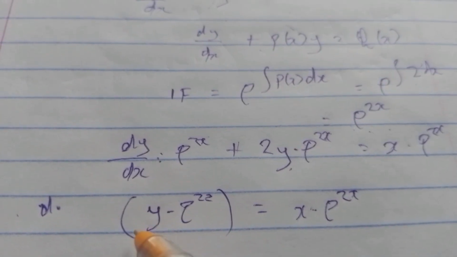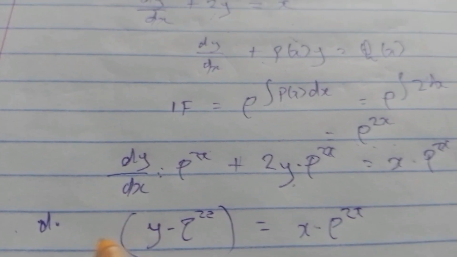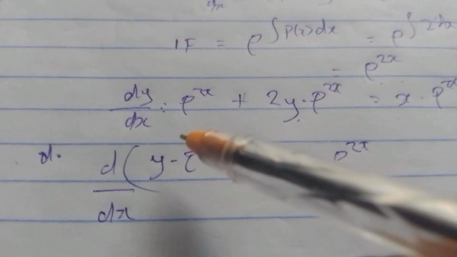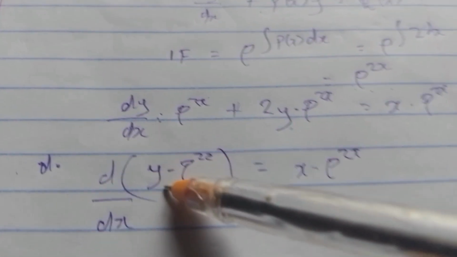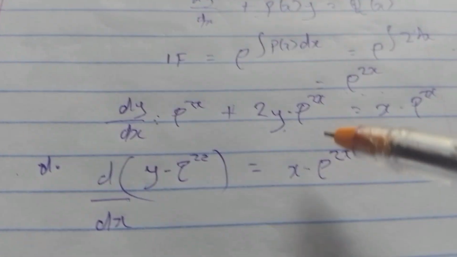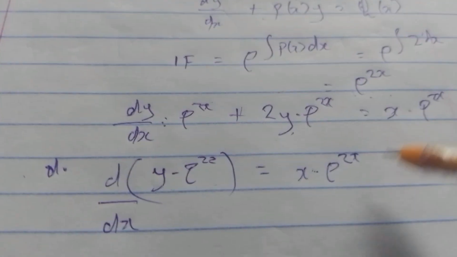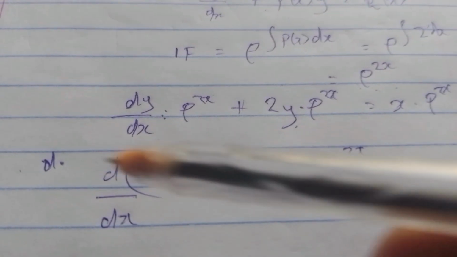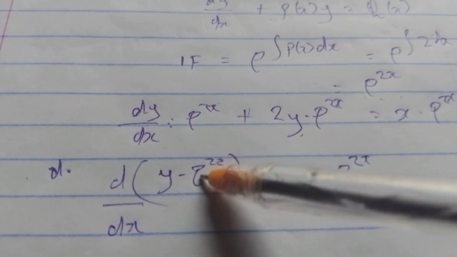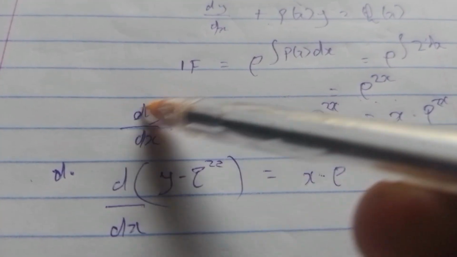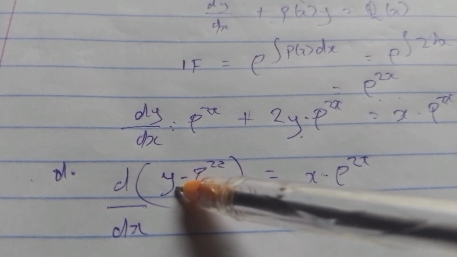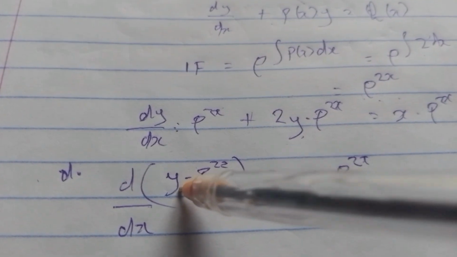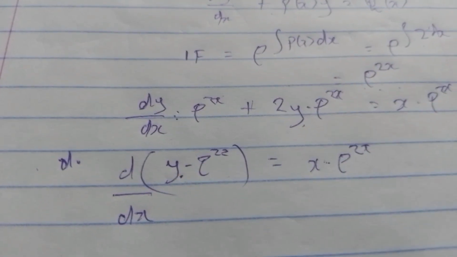If we differentiate this with respect to x using the product rule, because these are two functions multiplying, we are going to end up having this back. That is why it works. You can pause the video and differentiate this using the product rule. You are going to get this back because you're going to differentiate y implicitly. If you don't understand implicit differentiation, check my videos. I have a video on that.